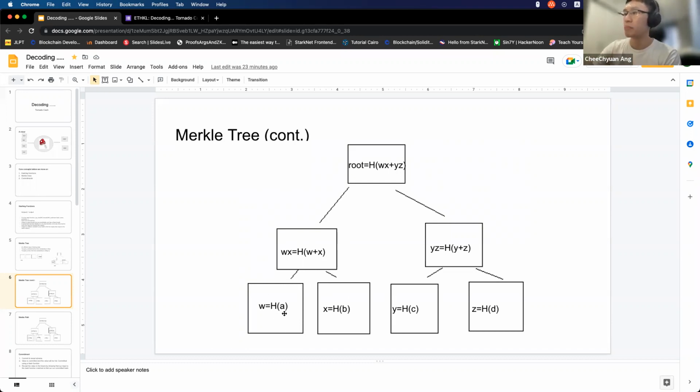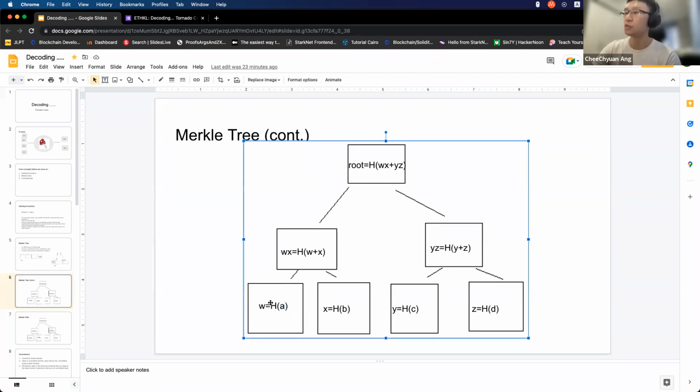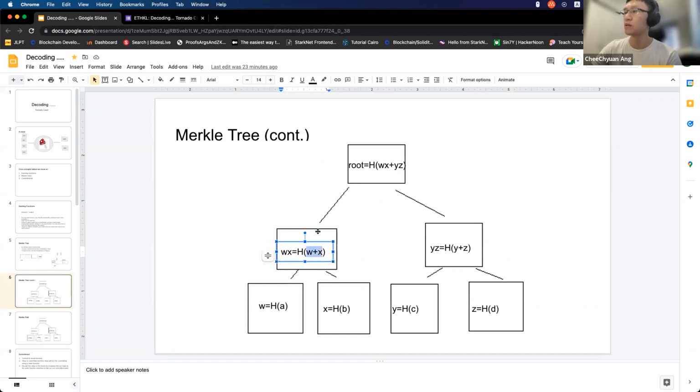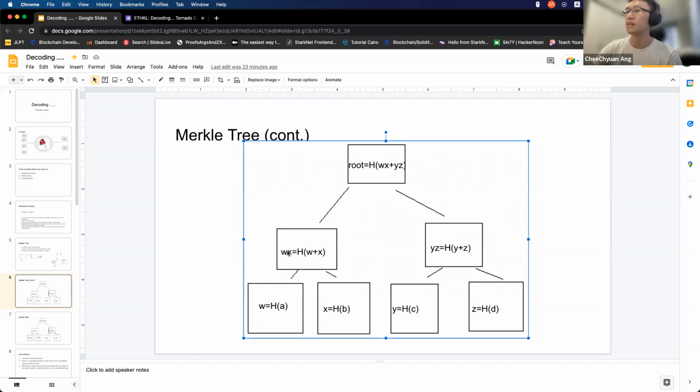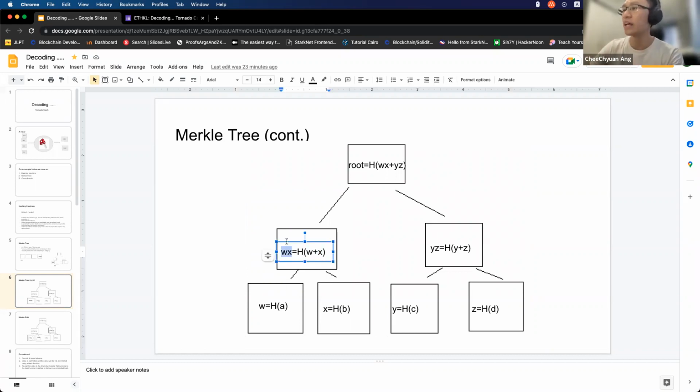Let A, B, C, D be the content that we want to store. Let's say I'm storing some information like my account balance as A. I will hash A using one of the hash functions that I mentioned before, and it will return the result W. And likewise, I do it for all the leaf nodes. Then with the hashes of W and X, I will combine these two and hash them together to form another hash.